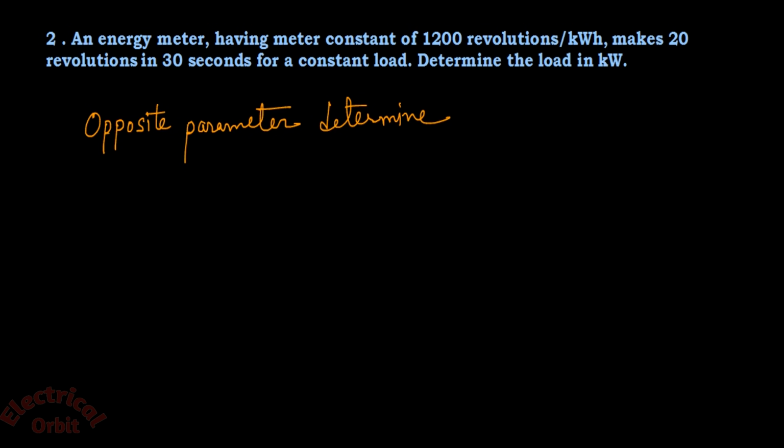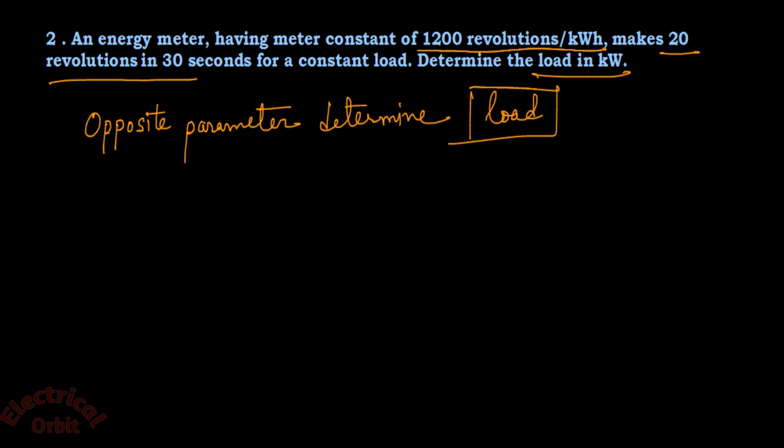In the previous problem we determined the meter constant, and now we have to determine the load. So what is given in the question? The question says the energy meter has a meter constant of 1200 revolutions per kilowatt hour and makes 20 revolutions in 30 seconds. Clear? That means for 1 kilowatt hour energy measurement, it rotates 1200 times.